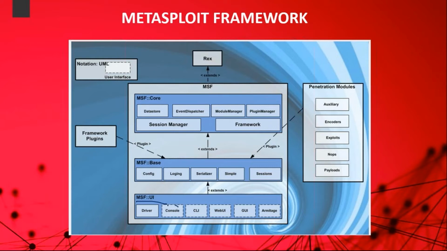And the user interface options are console, CLI, and web UI. The web UI you will get in which version? You have to download the community version, right? The GUI is Armitage. Armitage is the GUI version of your Metasploit framework, right?